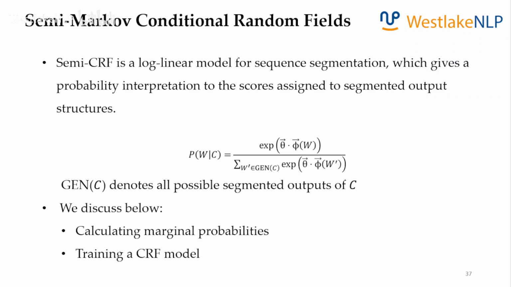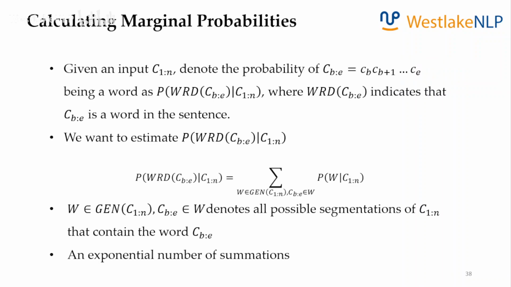So marginal probability is the probability of a particular segment being a word, right? Or a particular segment being two words. They're in principle the same. You know, similar to sequence labeling, this is a marginal probability. So if you treat the output word sequence as a joint event, then the one output word is a marginal event, okay?